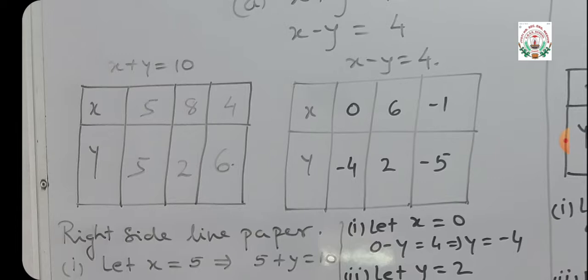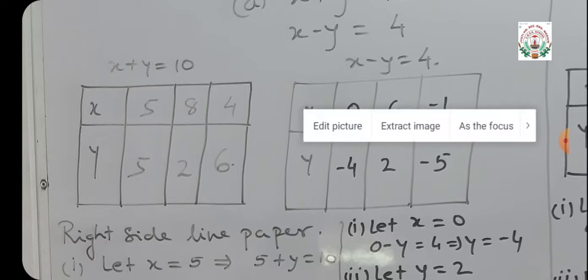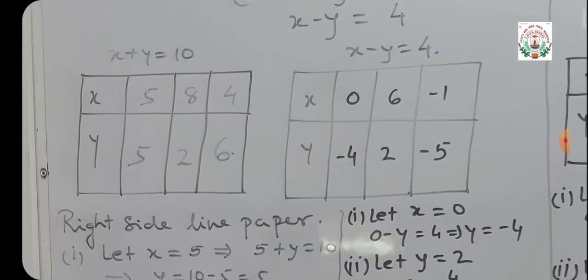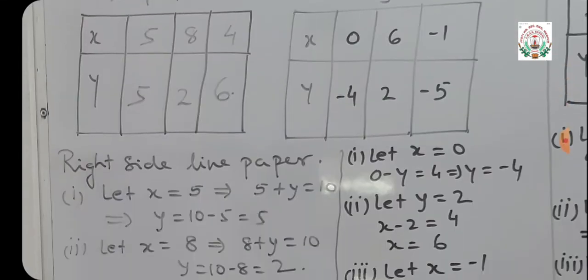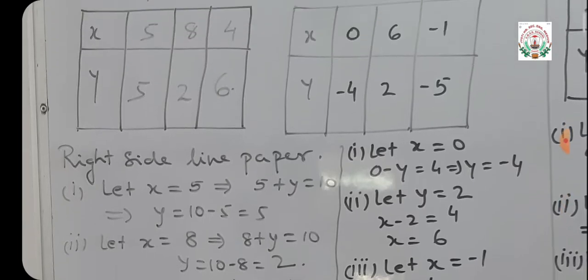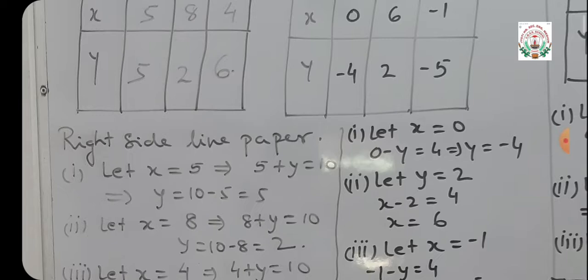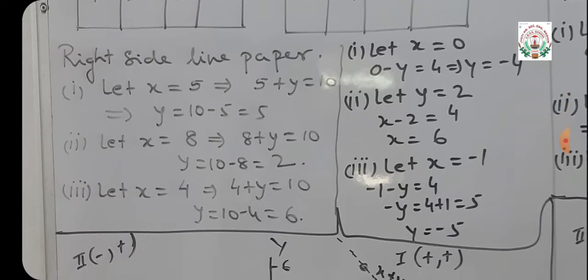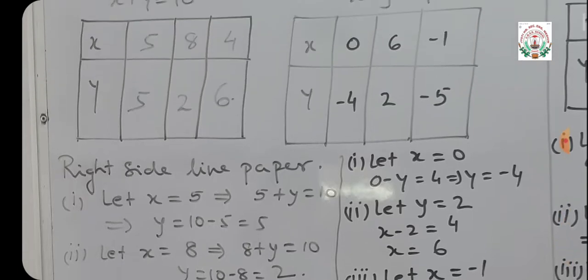y equals 10. In the same way, we have to find three solutions for the second linear equation, x minus y equals 4. If we take x equals 0, then y equals minus 4. If x equals 6, then y equals 2, and if x equals minus 1, then y equals minus 5.